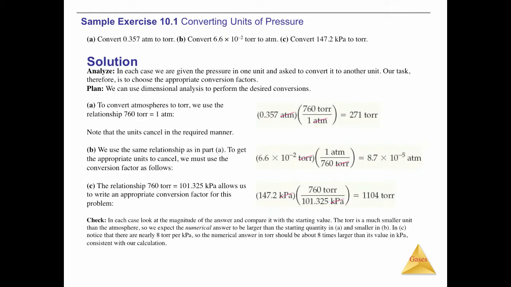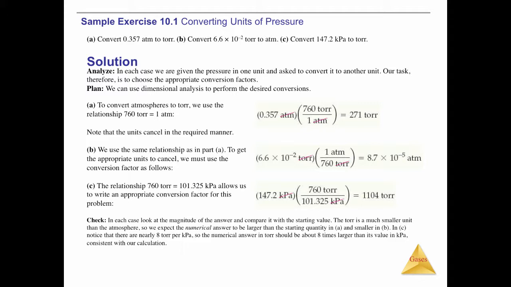And to practice that, I have a sample exercise 10.1, converting between units of pressure. This problem asks us to convert 0.357 atmospheres to torr, 6.6 times 10 to the negative 2 torr to atmospheres, and 147.2 kilopascals to torr. I'm not going to read through this entire problem because you can see the work and the math is very simple.